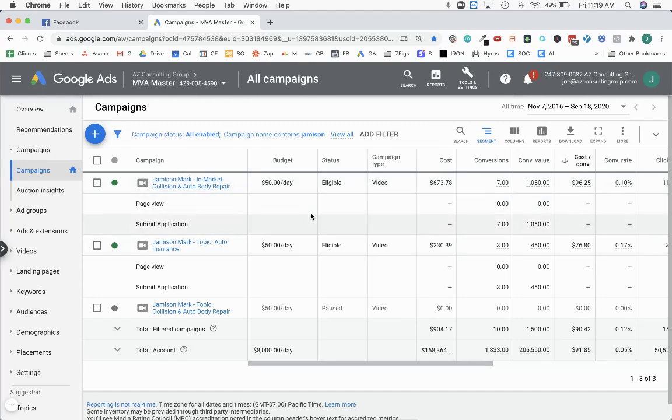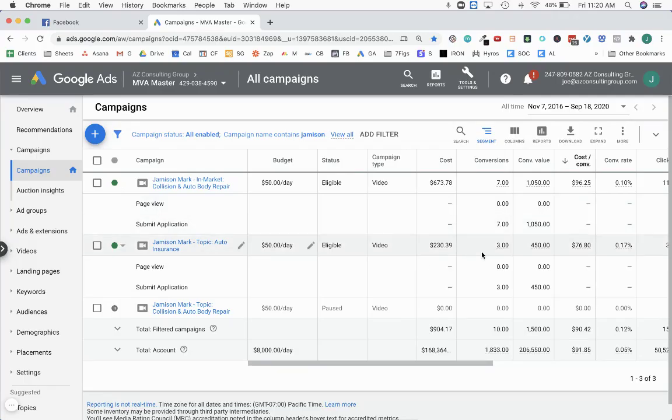You can let these run and maybe let it run for 3 to 5 more days since they're both under KPI or under the $100 cost per lead mark. But over time, one of these campaigns will break out to be the clear winner, but you kind of just have to give it enough time and enough data to make that judgment.